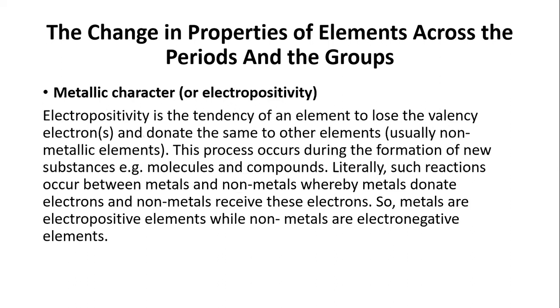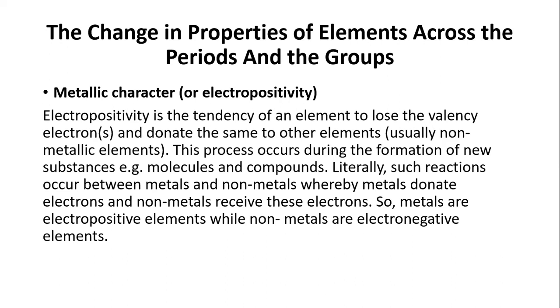Moving on, let's see the second one in this video, that is the metallic character, also known as electropositivity. Now, electropositivity is simply the tendency of an element to lose the valence electrons and donate them to other elements, usually the non-metallic elements. So this is just an ability of an element to give away the valence electrons.